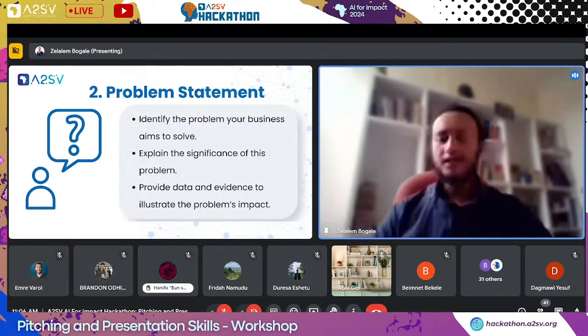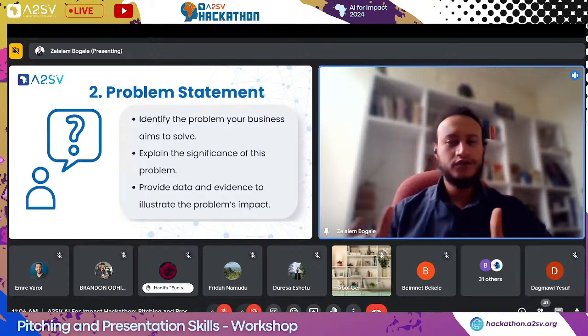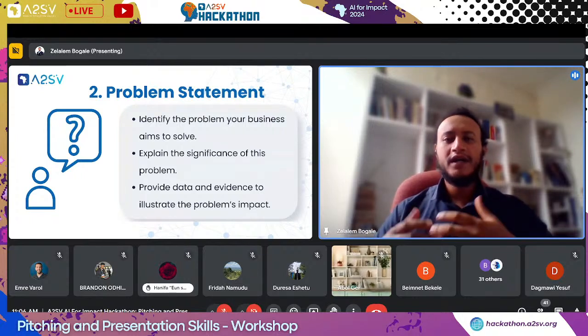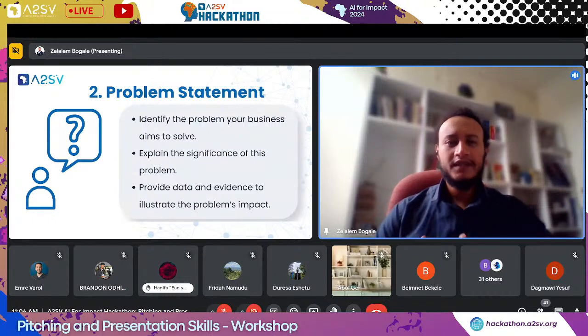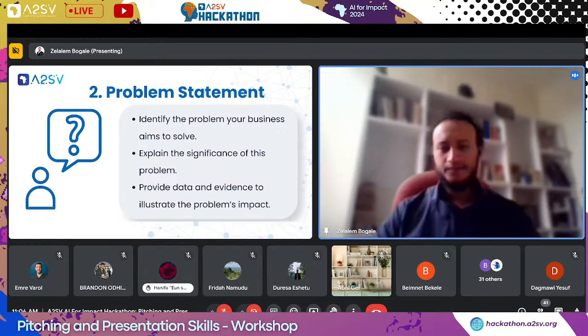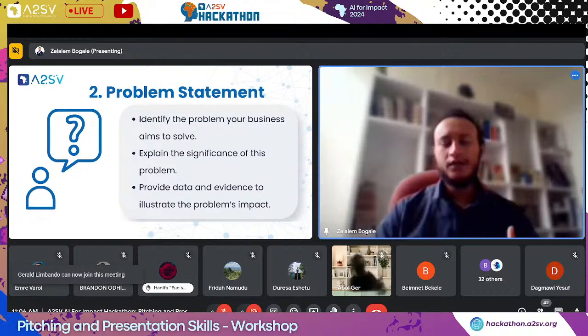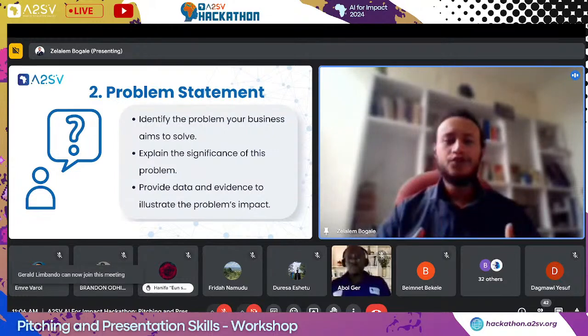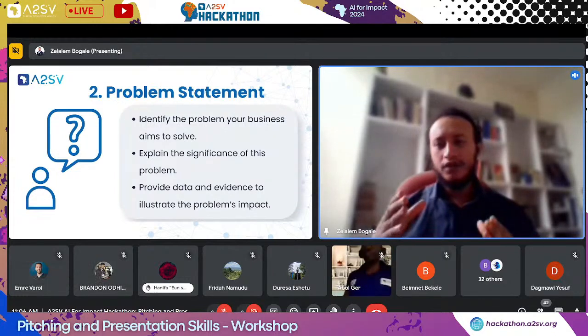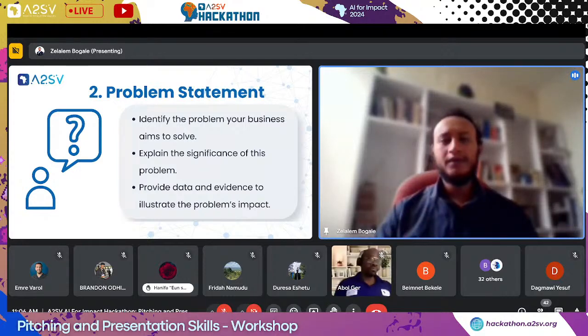The problem statement is where it all starts. All companies, all businesses, they start by solving a problem. So in this slide, you clearly identify the problem that your business aims to solve. You should explain the significance of your problem. You should really convince your audience that what you're trying to solve is actually a problem and that it needs a dire solution.